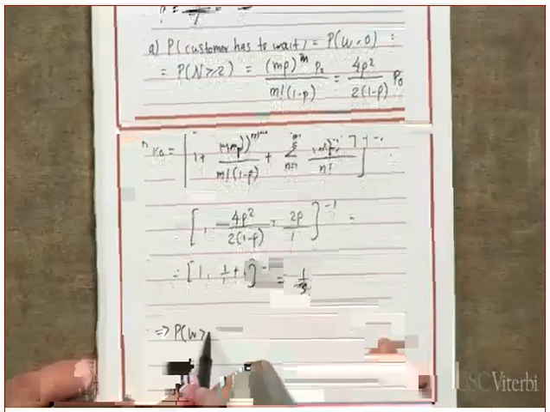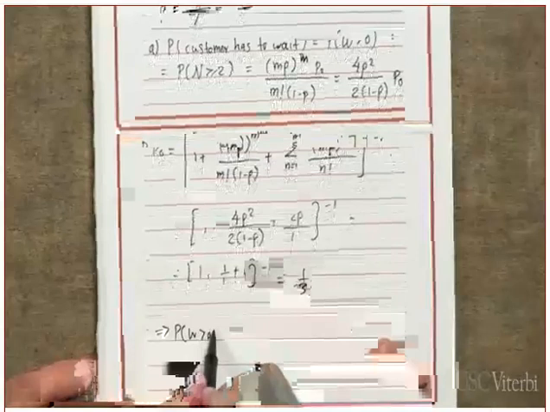Have you seen any formula for that? There are many ways to calculate it if you want. One is to say 1 minus the probability that n is less or equal to 4, and sum all these probabilities, because it's discrete, from 0 to 4, if you want to do it this way. Otherwise, there is a formula for that.